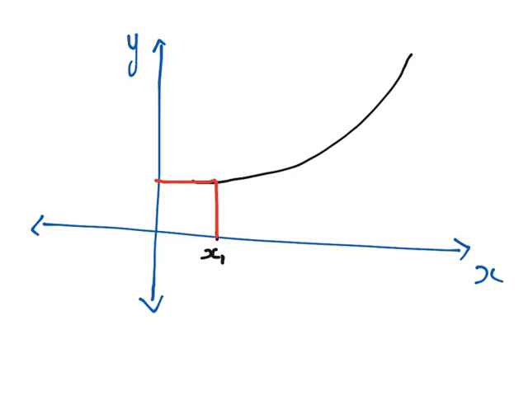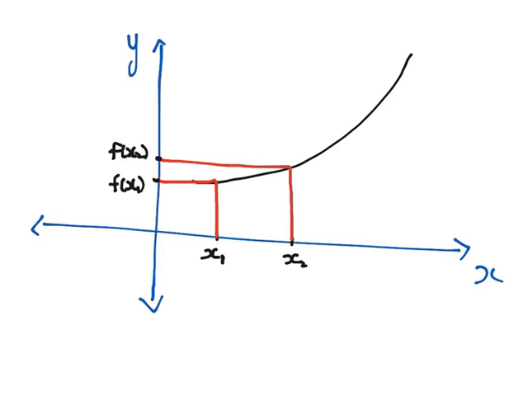So we all know that this will be f of x1, isn't it, students? Let me take another point on the x-axis. Let's say I take x2. Now let me draw a vertical line, and from there a horizontal line. So this point will be 0 comma f of x2.